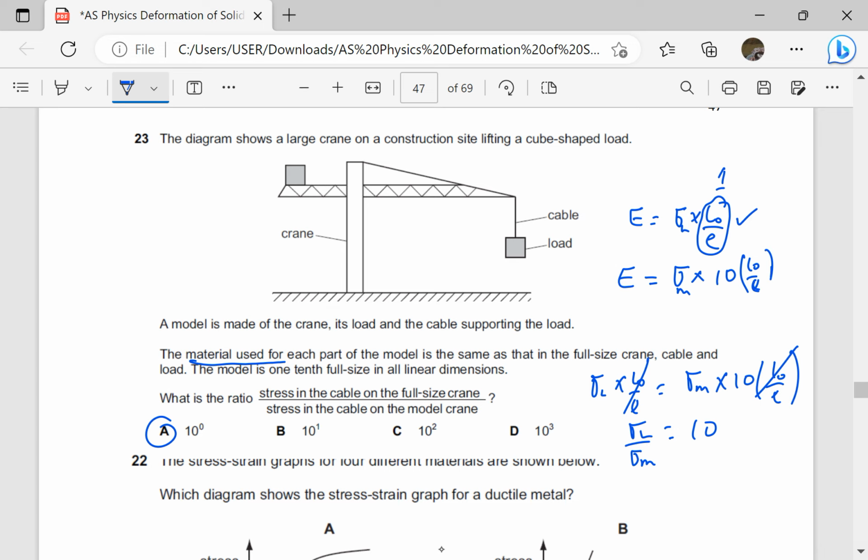Is it A? What is the ratio of stress in the cable on the full size crane over stress in the cable on the model? 10 power 0 is 1. No, this cannot be 10 power 0.